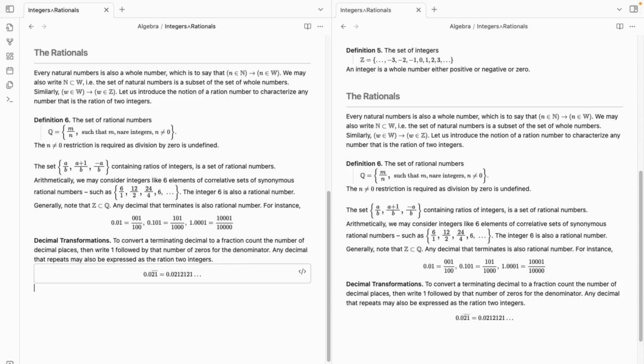Okay, so there's an example of a repeating decimal that may be expressed as a ratio of two integers. And we'll work that out in just a moment.